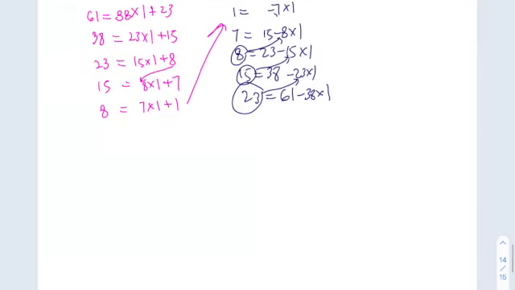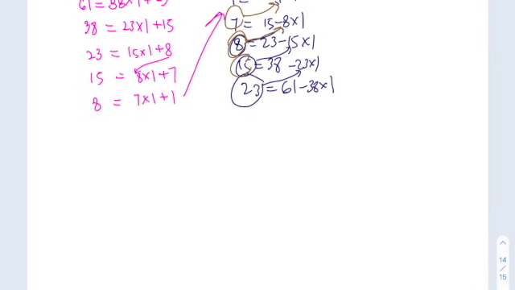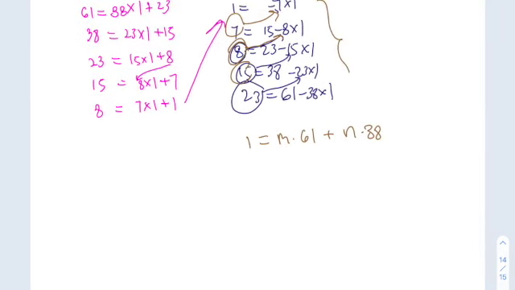And now basically what you have to do is try to substitute these values into these numbers. And then eventually you would get to 1 is equal to something times 61 plus n times 38. Since this is a very long substitution process, I'm not going to show it in this video, but it will be in my PDF file down below.